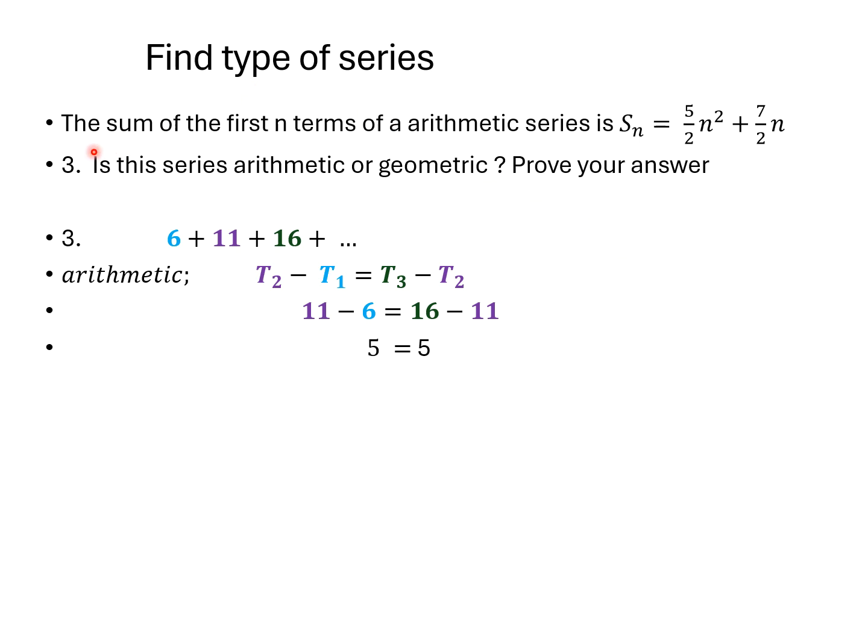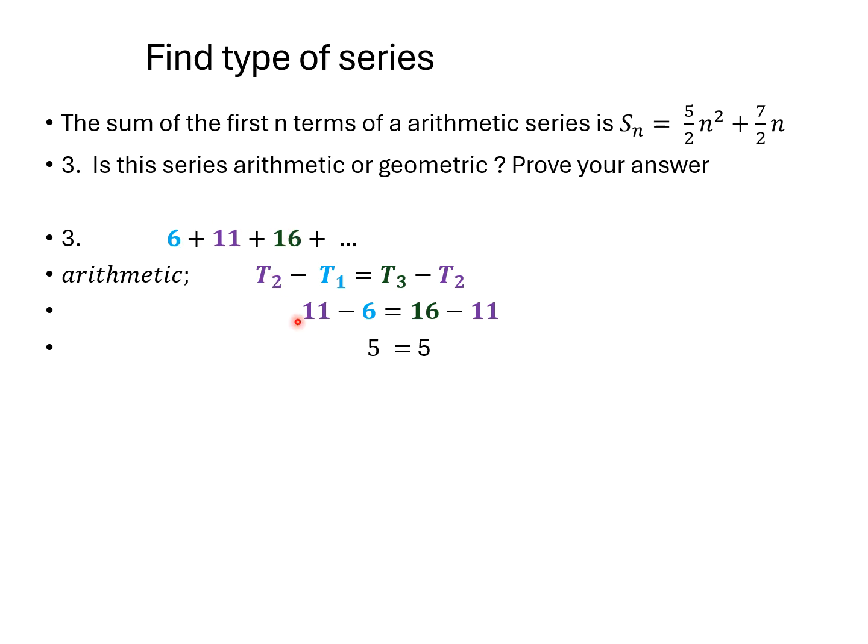Now the sum of the first n terms of an arithmetic series is Sn equals 5 over 2 n squared plus 7 over 2 n. Is the series arithmetic or geometric? Prove your answer. So we've already found 6, 11 and 16 as the first 3 terms. So first test, if it's arithmetic, term 2 minus term 1 must equal term 3 minus term 2.